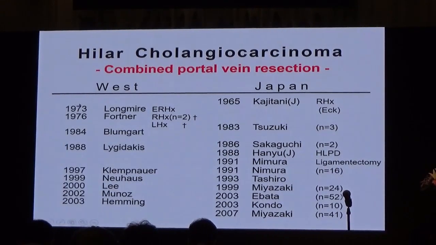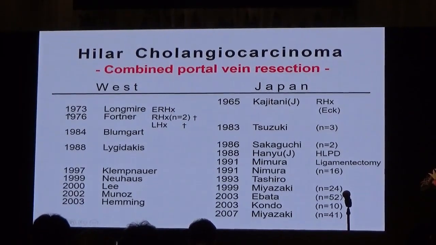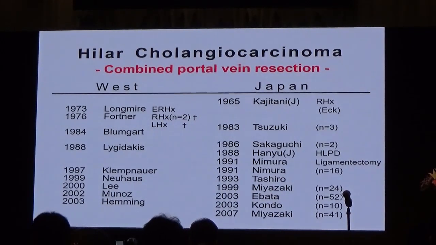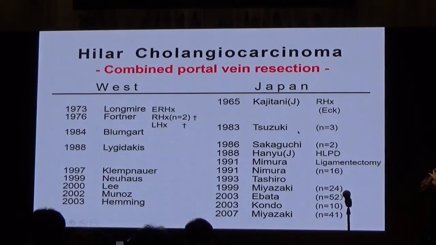His first report appeared in the Annals of Surgery in 1973. The first Japanese case of combined portal vein dissection and reconstruction in right hepatectomy was carried out in 1965. And the simultaneous dissection of the hepatic artery and the portal vein was reported in 1983.